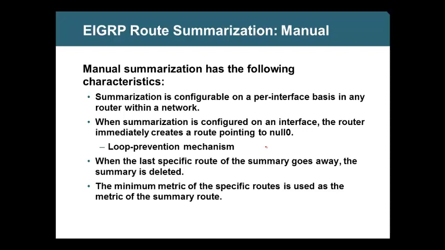Now, when will the summary route advertisement stop? If I have summarized 10 subnets, if one subnet goes down, no update sent. 2 subnets go down, no update sent. 8 subnets going down, no update sent. Only when all 10 go down will the update go and say this is no more available.